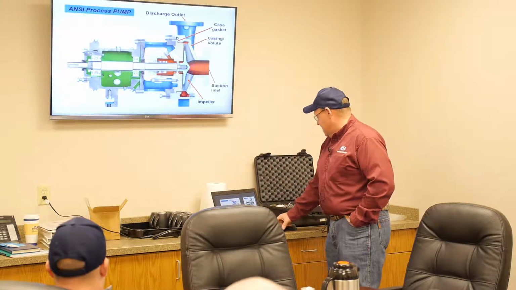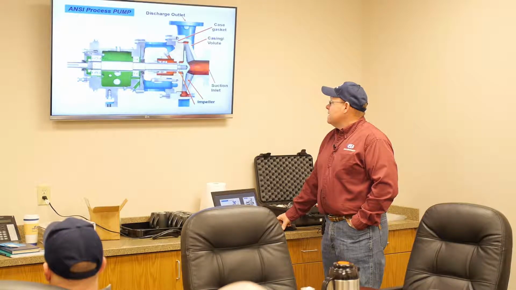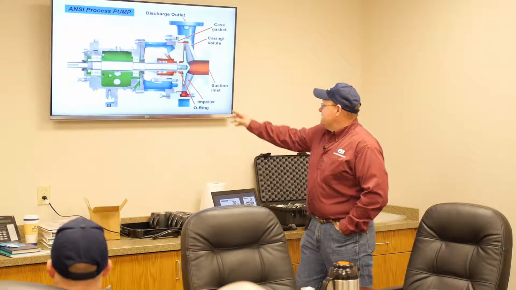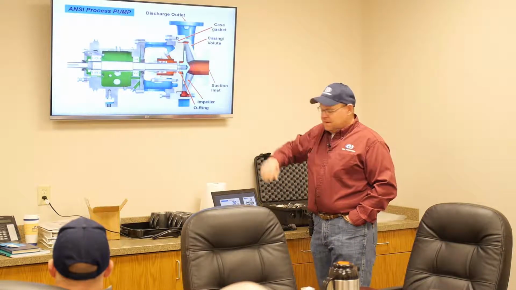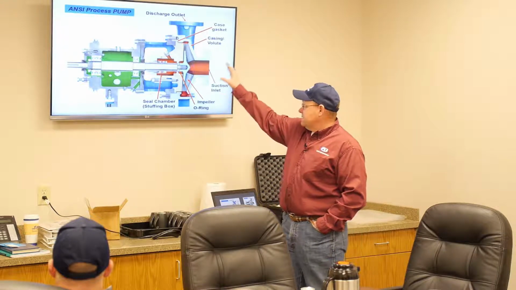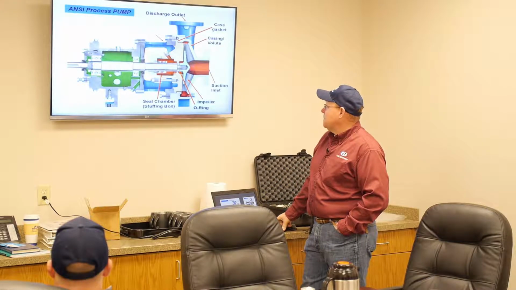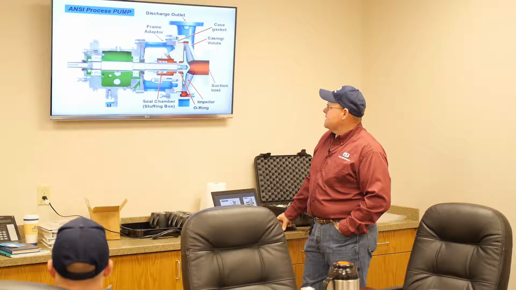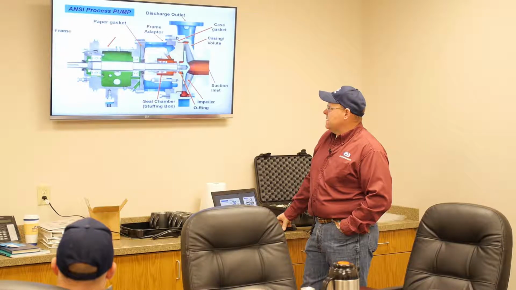But we don't have that available for this training. You have an O-ring that seals behind the impeller and to the shaft sleeve. This is a stuffing box, seal chamber, and we'll talk more about why we call it that, or back plate. This is your power frame adapter. And we'll go through all these in more detail about what they do.